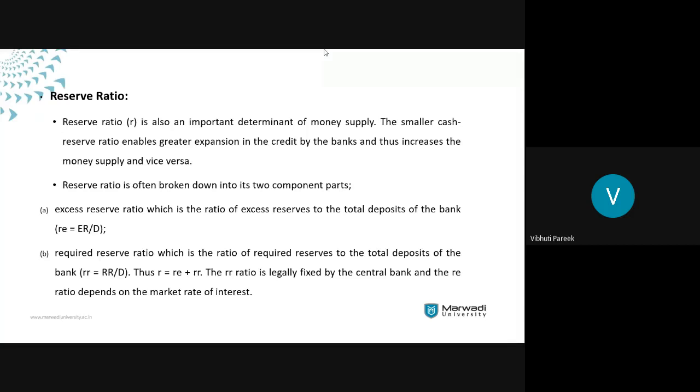This RR ratio is legally fixed by the central bank. Okay, we can understand that this must be related to the SCR ratios only. These RR ratios are legally fixed by the central bank, whereas the RE ratio depends on the market rate of interest. Obviously, the RE ratio, that is the excessive reserve ratio, depends on the market rate of interest because it is the market rate of interest which encourages the withdrawal of money from the bank or the deposit of money to the bank.